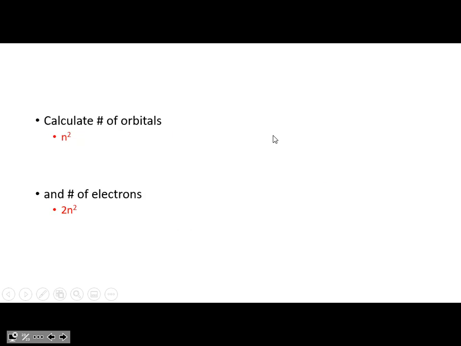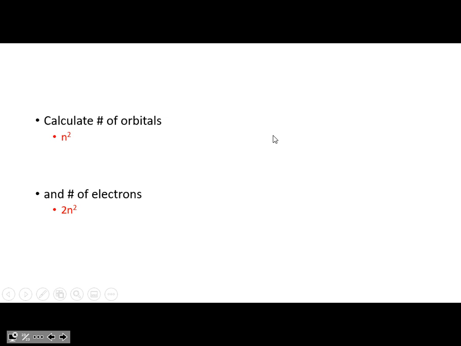And we've already talked about these a little bit. We've talked about the bottom one to tell how many electrons are on a specific energy level. Well, we take the energy level squared and multiply that by 2. To get the number of orbitals on that particular level, we would take the n, the main energy level, or the principal energy level, and square that.